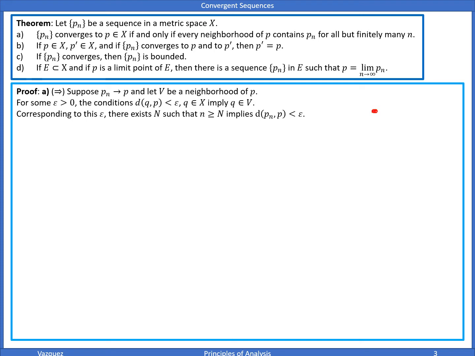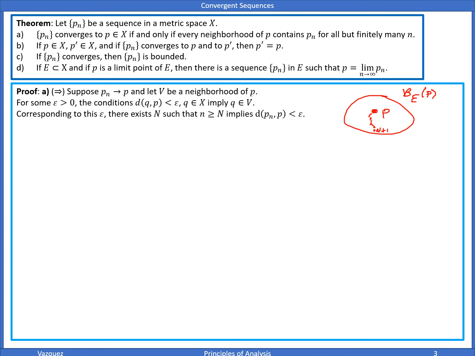Let's say this is P. Let's say this is the epsilon neighborhood, the ball with radius epsilon centered at P. That's what that notation means. After a certain N, all the points lie in this neighborhood.